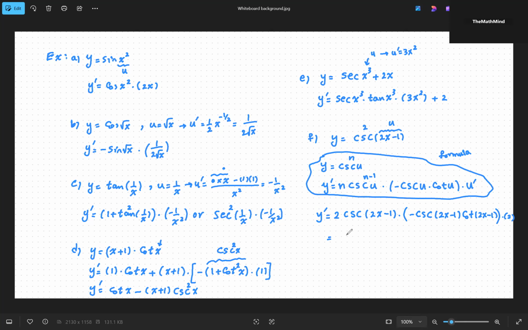Okay, and then this will actually be negative 4. Cosecant times cosecant will be cosecant squared 2x minus 1, and then multiplied by cotan 2x minus 1.